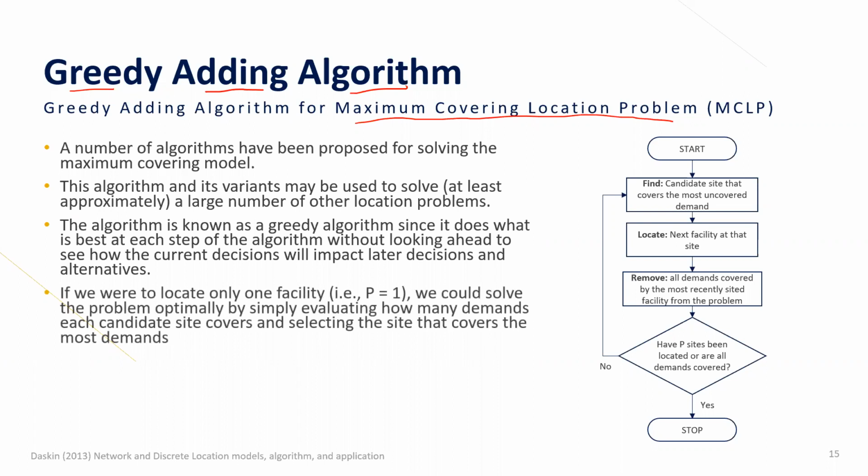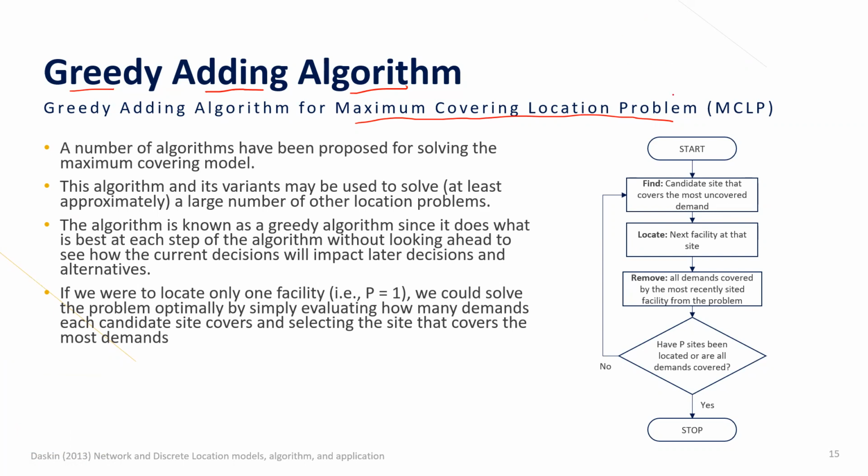But for more than one, you need to continue the greedy philosophy embedded in the algorithm. So first, here's the step. Whenever you have more than one facility, you can utilize this approach.